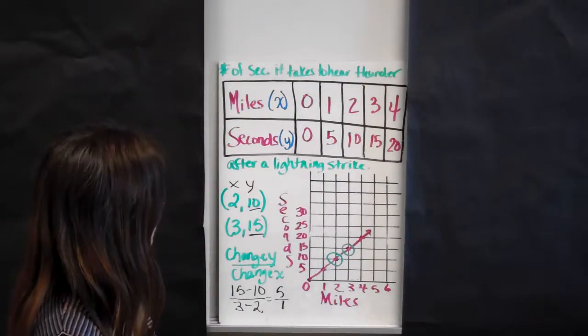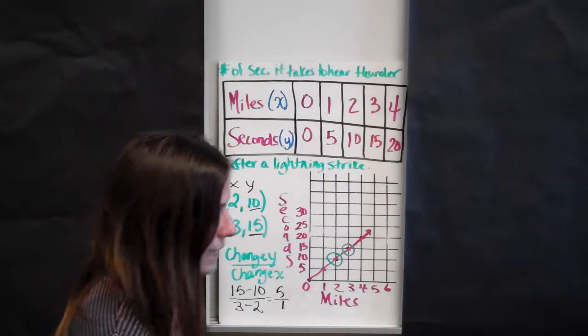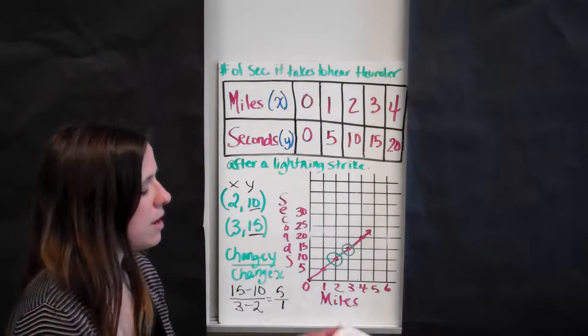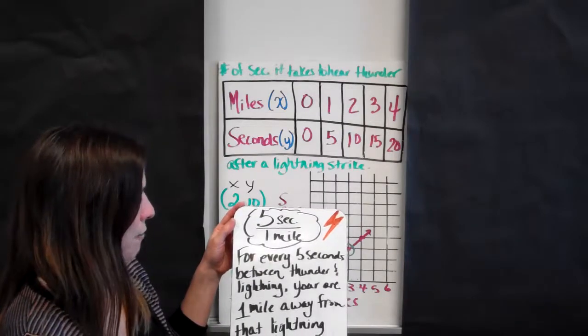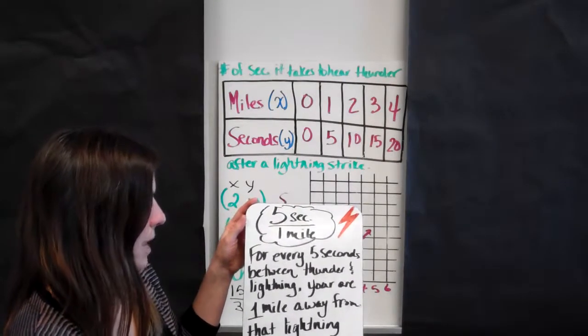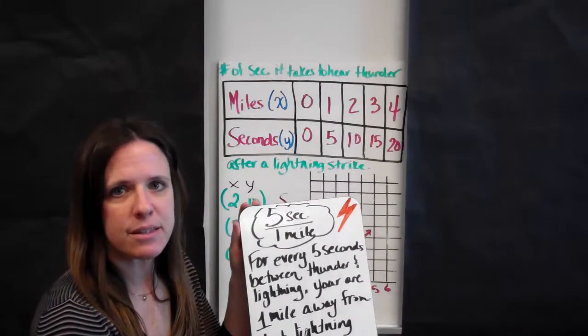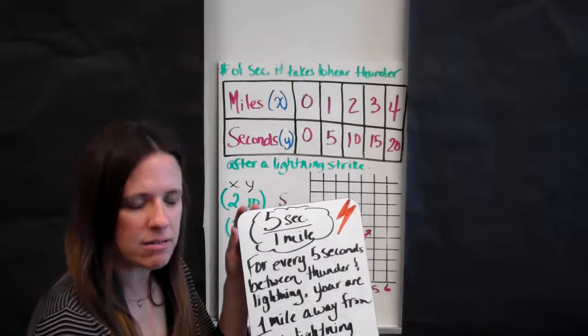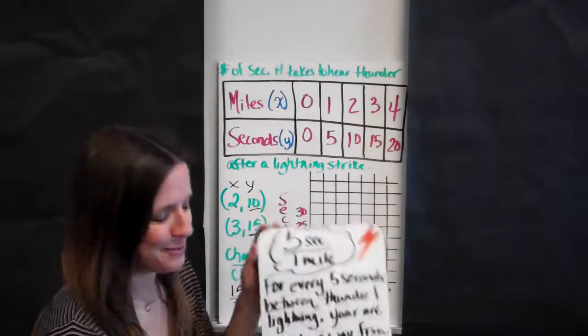So it's 5 seconds per mile. Now, to put that answer into words to explain what this means: for every 5 seconds between lightning and thunder, you are 1 mile away from that lightning strike. That's what that means. Remember, we've been explaining in words what these rates mean, so that's how you would put that in words.